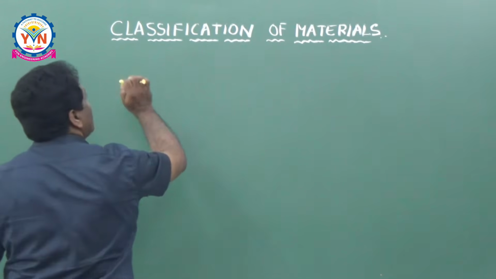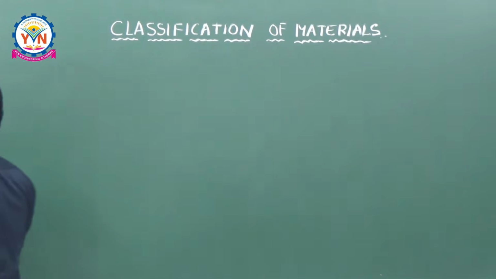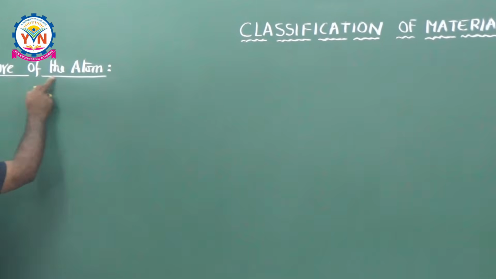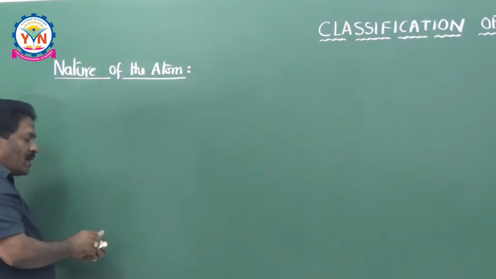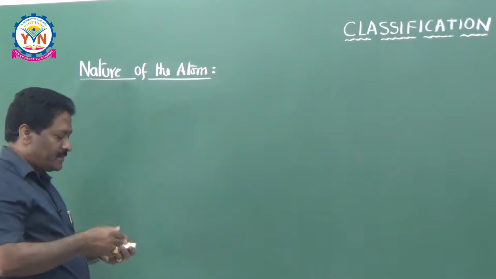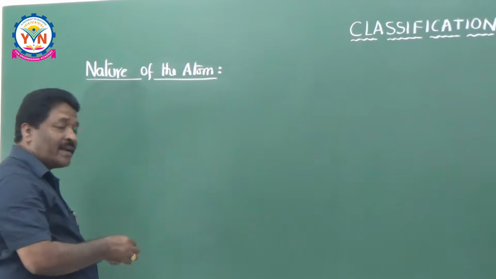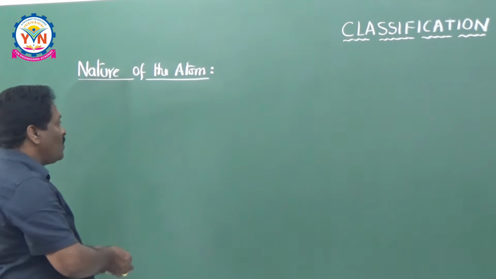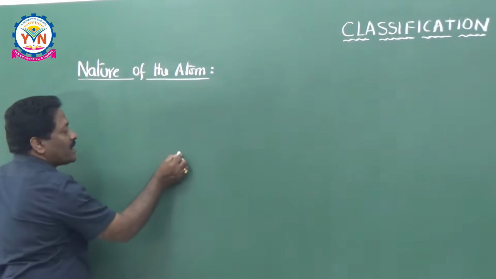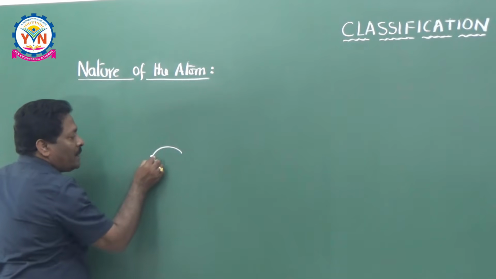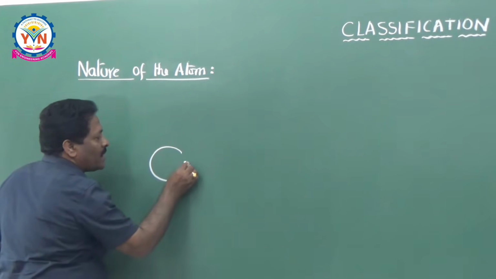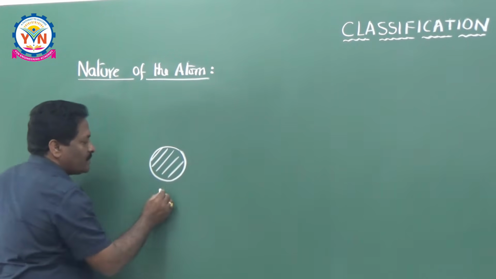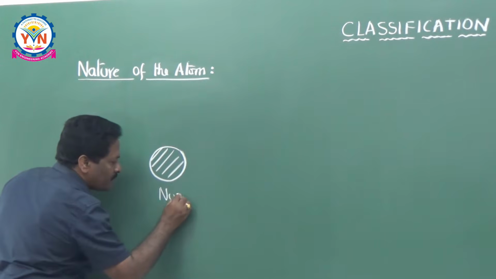Before going to the classification of materials, let me recollect the concept of the nature of the atom. Everybody knows from intermediate that Rutherford gave an atomic model in 1911, and he concluded that an atom consists of a central heavy particle having a positive charge, which is called the nucleus.